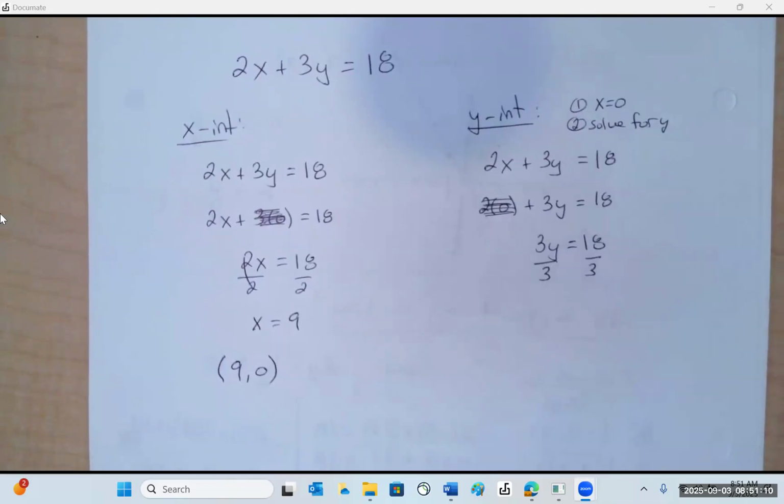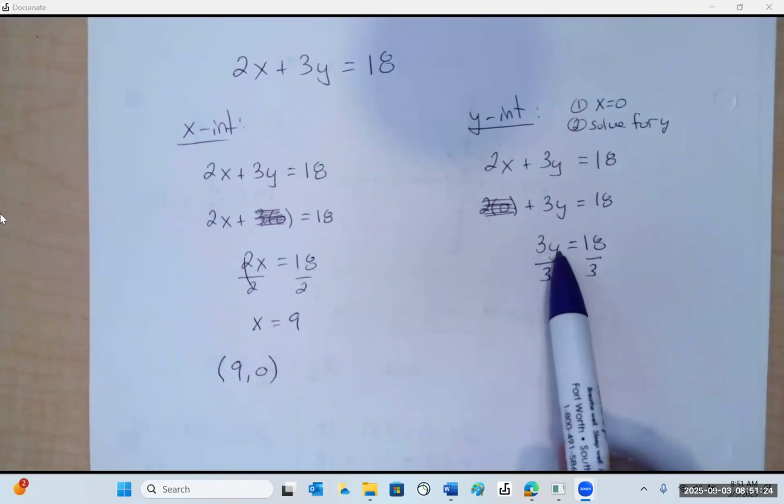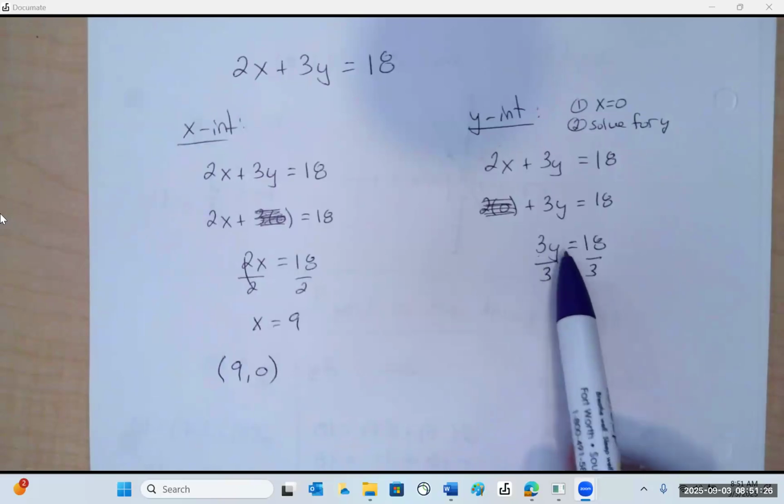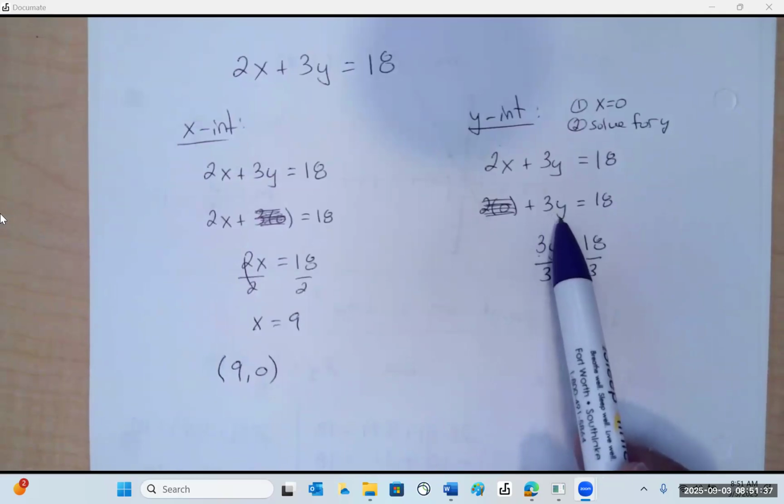Why do we divide by 3? To get y by itself. But how is 3 connected to y? Is there a plus sign between them? Is there a minus sign? Is there a division sign? Is there a multiplication sign? Yes.